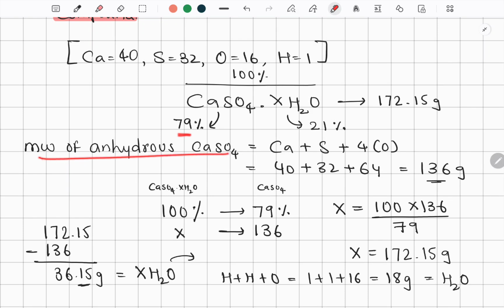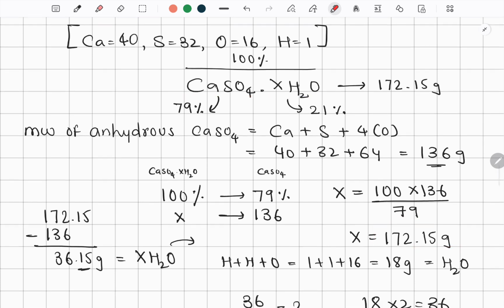So we calculate the molecular weight of the anhydrous part, calcium sulphate, and we equated it with the normal part. Out of 100%, 79% is my CaSO4. If we consider the total weight of the compound is x, then the anhydrous part is 136, and this is how we got the weight of the total compound, which is CaSO4.XH2O.